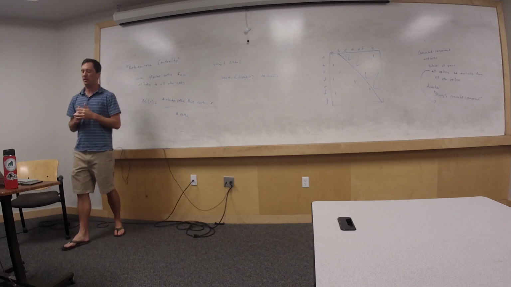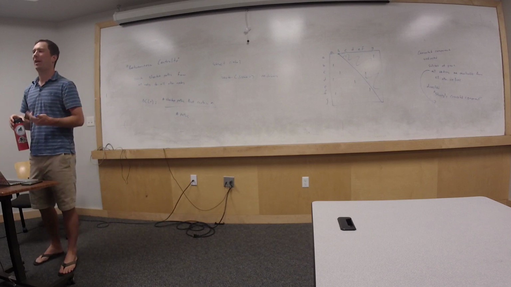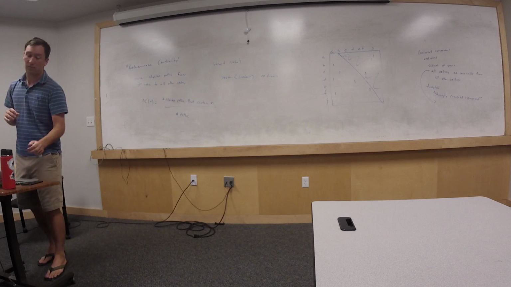If I just take the shortest path from anywhere to anywhere, how many of them have to go through this node?